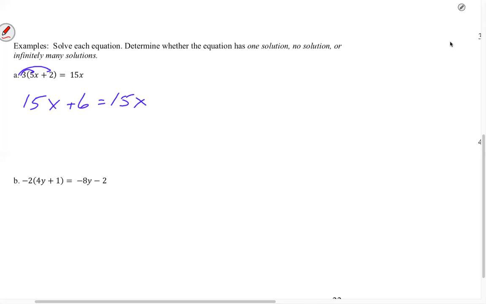But let me prove it to you even more neatly. If I subtract 15x from both sides, my x's cancel, and I have 6 equals 0. And that's not true. That's false. So that's when I can say it's no solution.